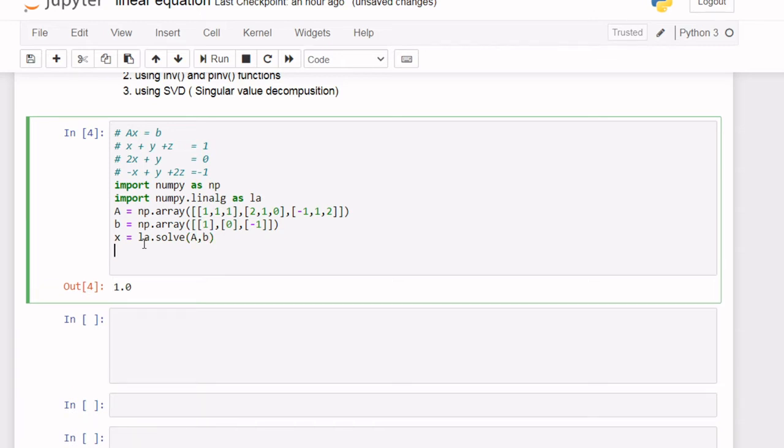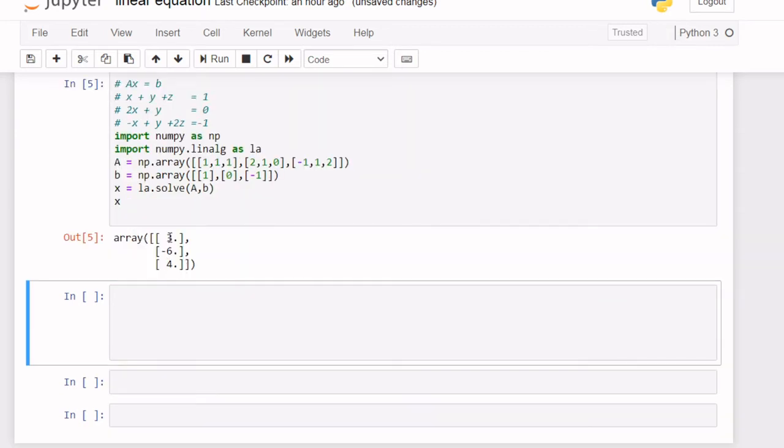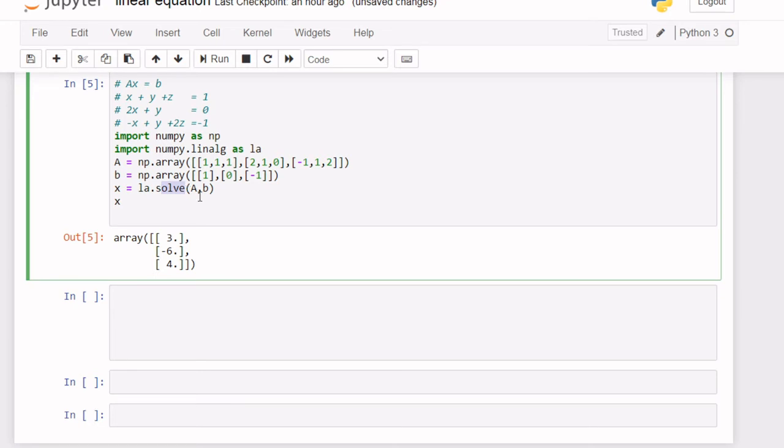Now you see the answer is 3, -6, 4. To use the solve function, we must first check that the coefficient matrix A is both a square matrix and a non-singular matrix.